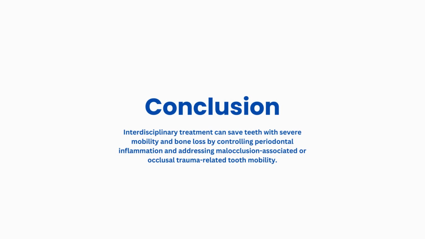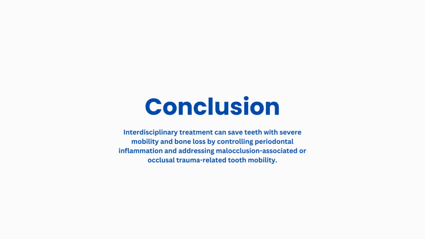In conclusion, the loosened upper right central incisor was effectively retained in this case. The periodontal tissue remained stable during the follow-up period. These findings show that when periodontal inflammation is tightly managed, teeth with extreme mobility and bone loss can be salvaged with multidisciplinary treatment.